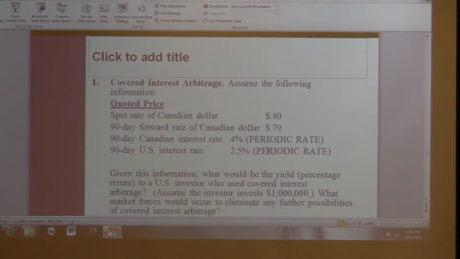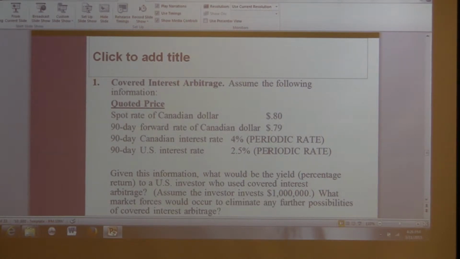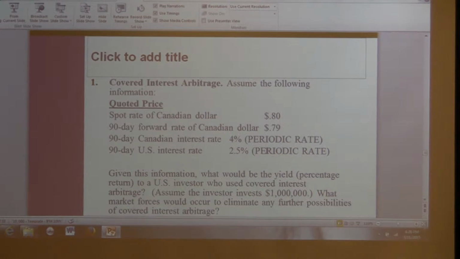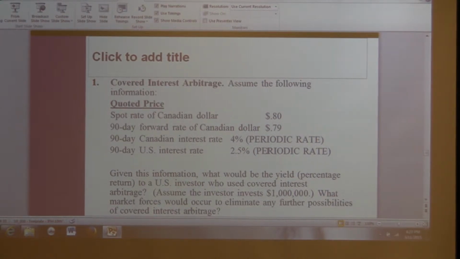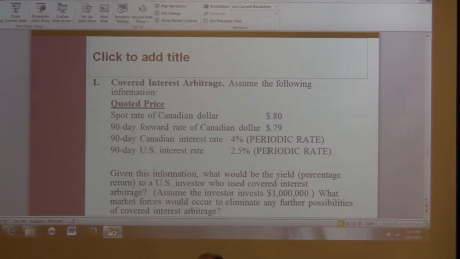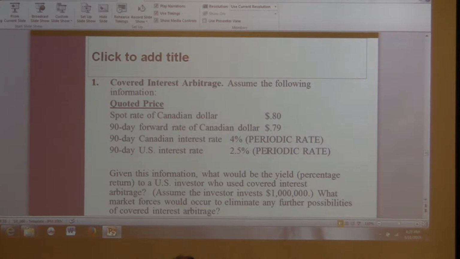Okay? So what we see here is that in this case, you make a couple of $1,000s more than you would if you kept your money in the US. So the reason why you don't make a lot of money is because the difference is very small, isn't it? The market price was 0.79, and based upon the formula, you got 0.788.